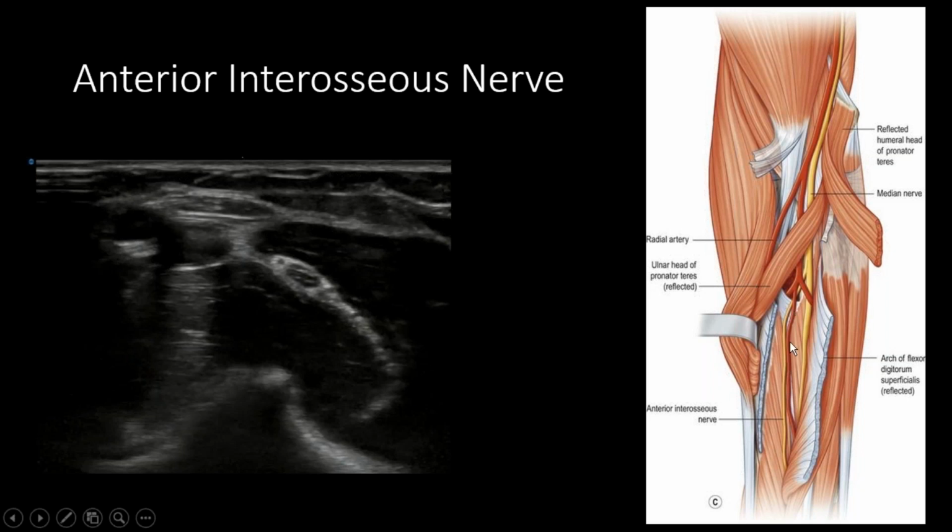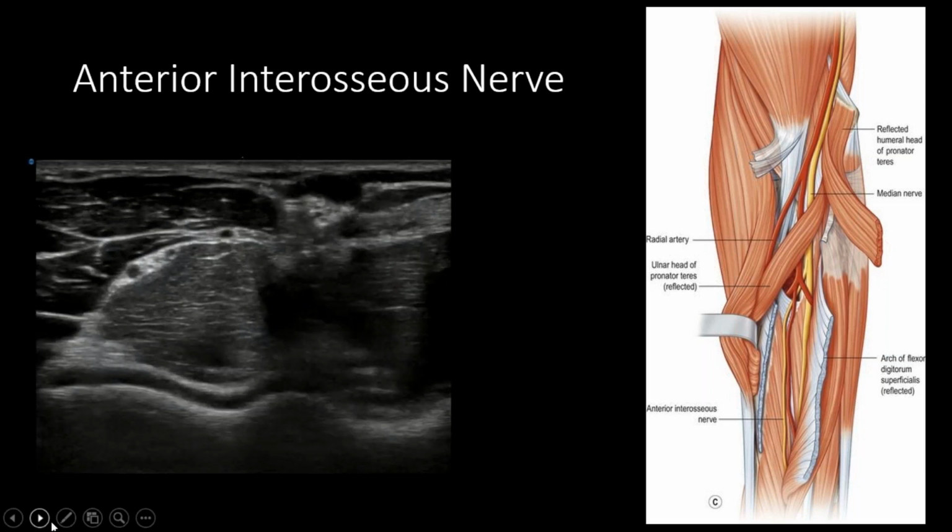The presentation of this compression is purely motor with very little pain, and these people have difficulty flexing the DIP because there are three muscles that the anterior interosseous nerve innervates: FPL, radial FDP, and pronator quadratus.